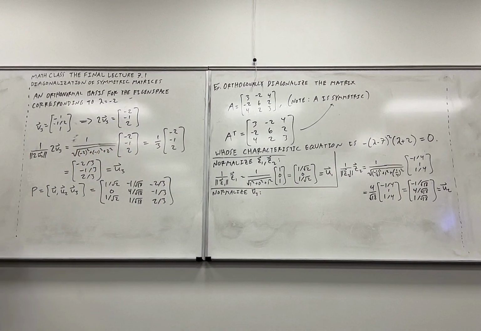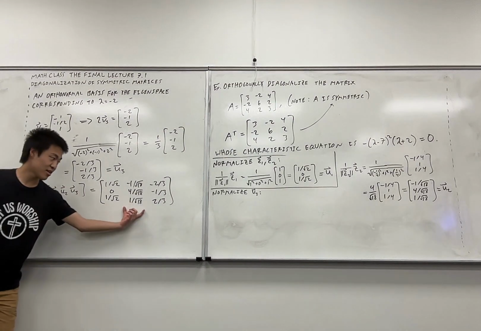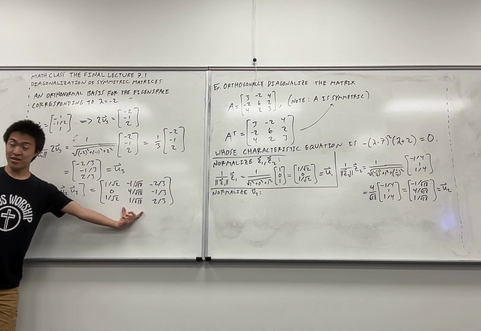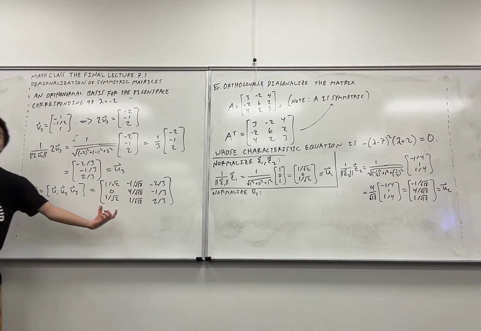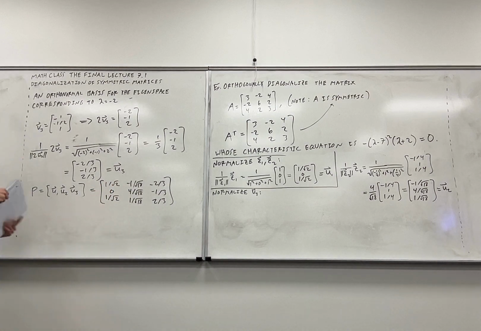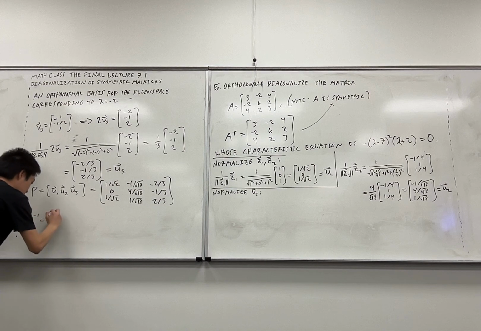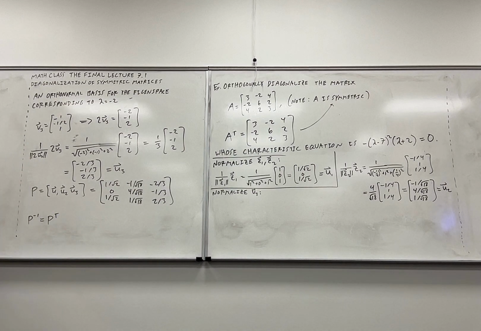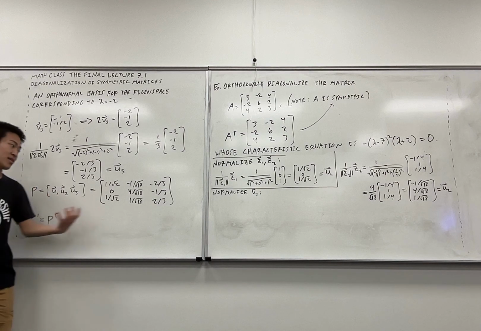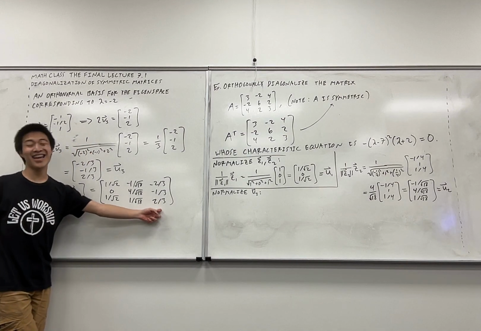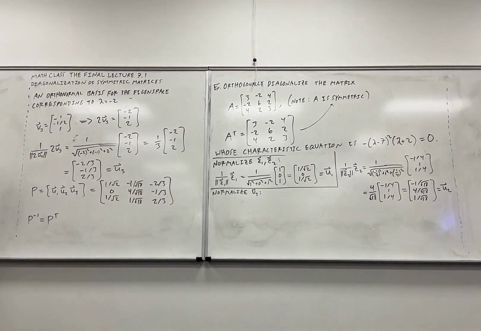And what's nice about this factorization is, do I need to then compute the inverse of this horrendous matrix? Well, technically, yes. But the inverse is just a transpose. So if I wanted to compute the inverse, P inverse is just the transpose because this is an orthogonal matrix. We've designed it to have all those special properties so that the vectors are orthogonal to each other, and they're unit vectors.